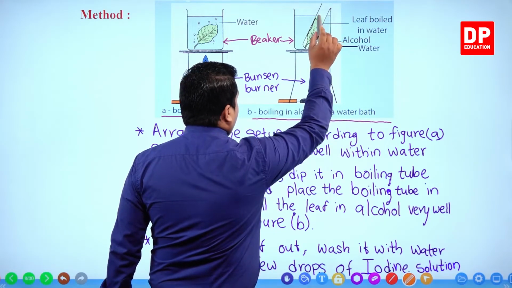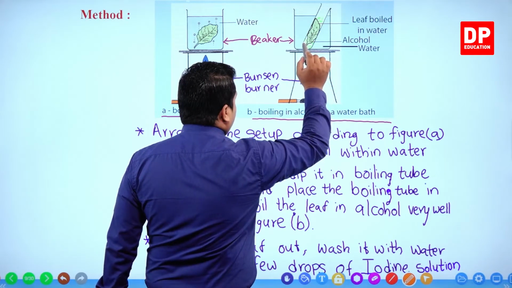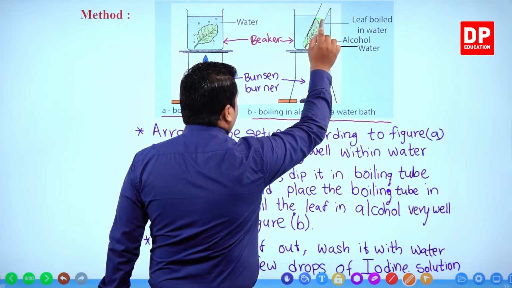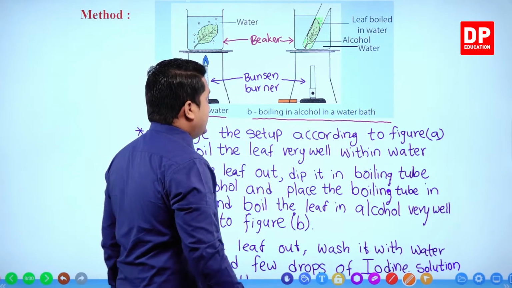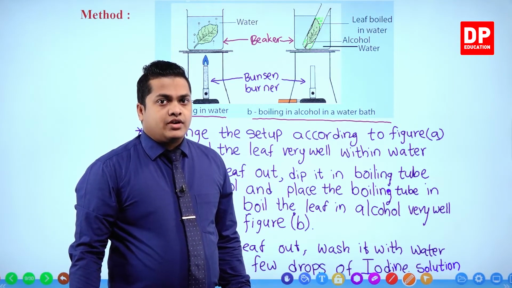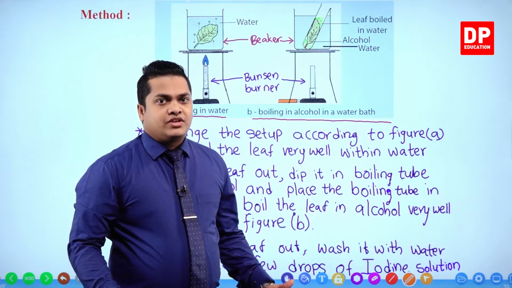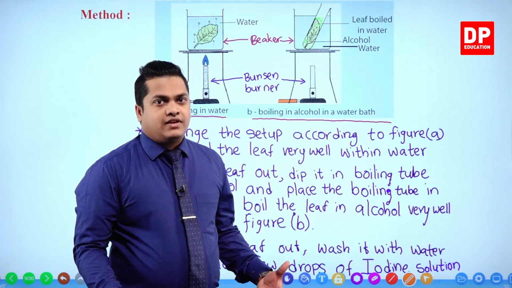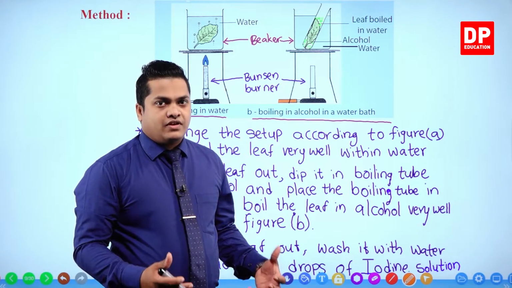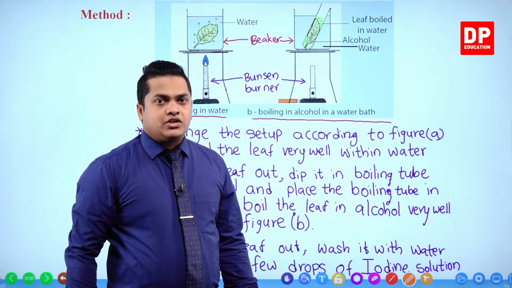When I am doing this activity, I am going to show you that the alcohol in the boiling tube is going to turn into greenish color because our aim is to dissolve chlorophyll. Chlorophyll is green in color. So after dissolving chlorophyll within alcohol, definitely this color of alcohol solution should turn to green color.